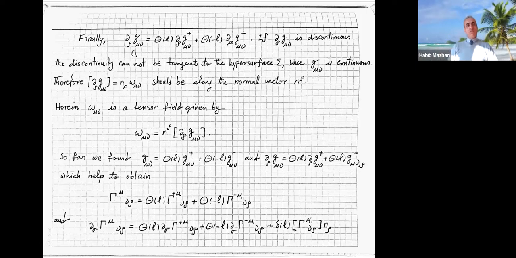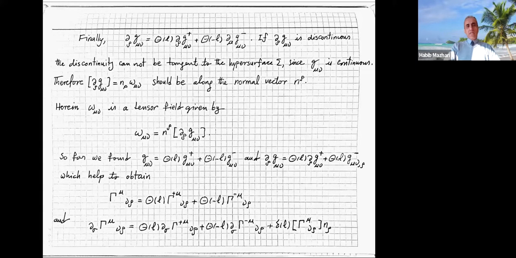If the derivative of G mu nu is not continuous, then since G mu nu is continuous and N mu is also continuous together with the local coordinate, the discontinuity of the derivative of G mu nu shouldn't be tangent to the surface.